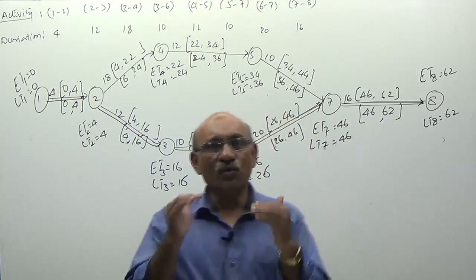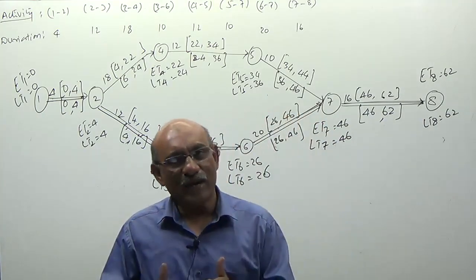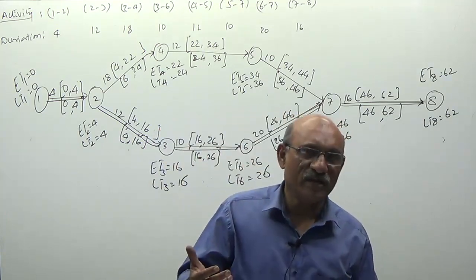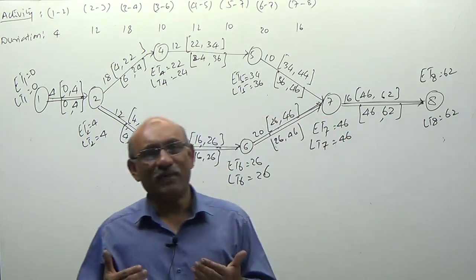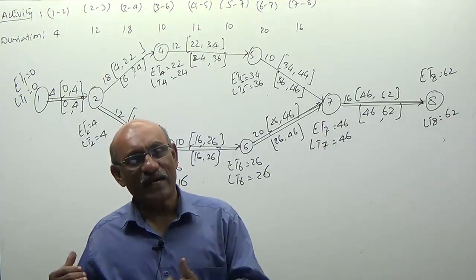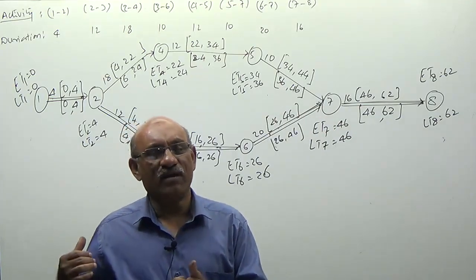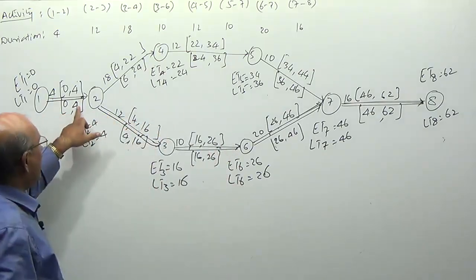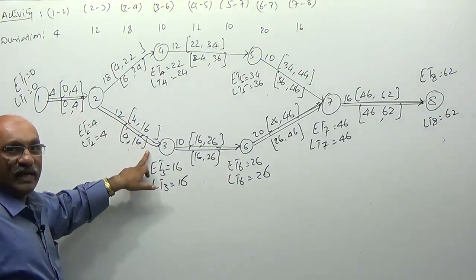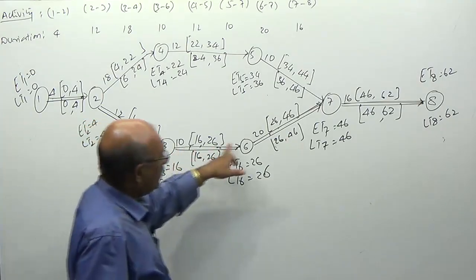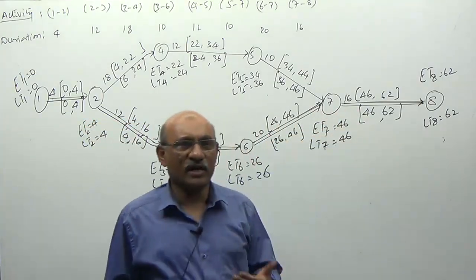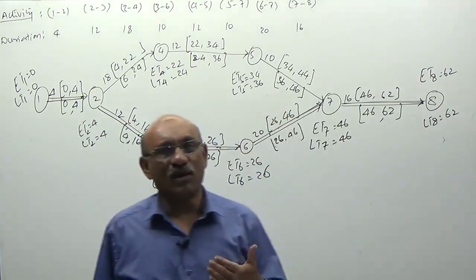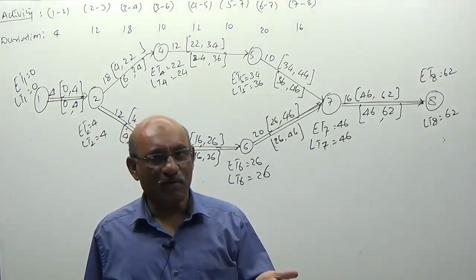It means you cannot delay the starting time or the finishing time of these activities. What will happen if I delay the starting time or finishing time of any of these activities by 1 day? If it is delayed by 1 day, this activity is also delayed by 1 day. So all the succeeding activities are delayed. Fine. So the project completion time is also delayed by the same number of days.